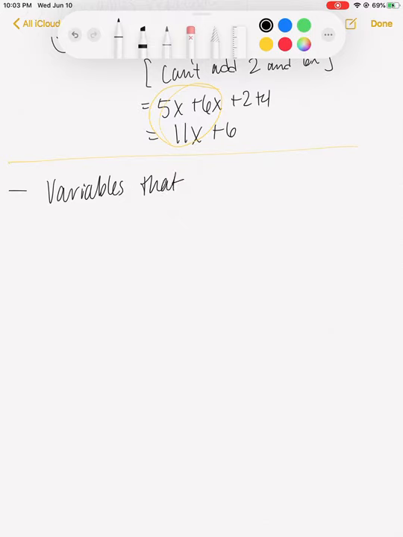So variables that vary or are fixed. Okay. Number 1. Situation 1 says 8 plus n equals 17. Go ahead and pause the video and see if you can decide whether this variable n varies or not.